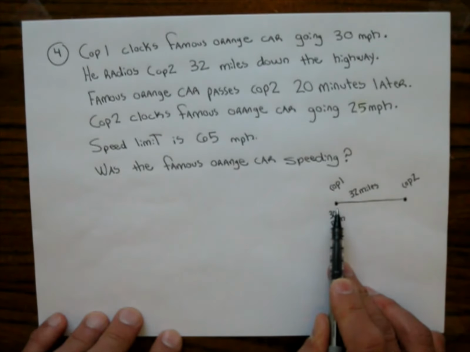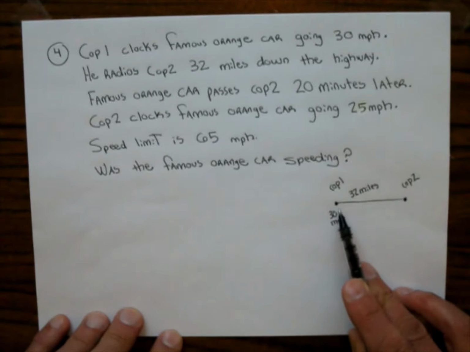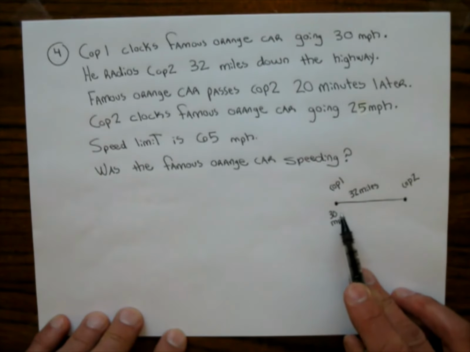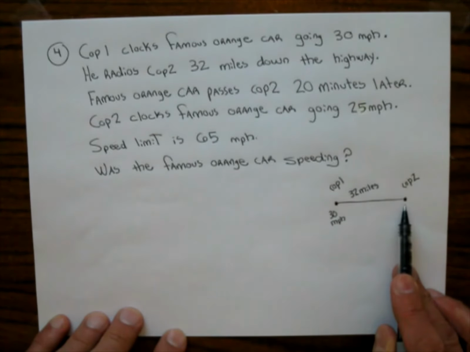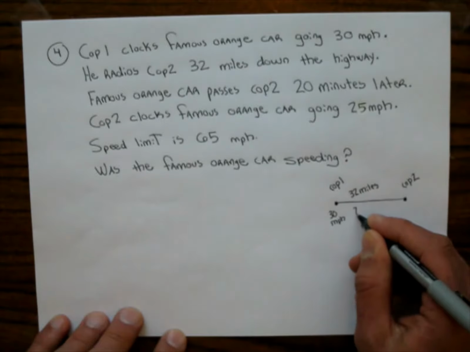Or, if you don't get the reference, then you're missing out on life. Okay, so 32 miles down the road, Roscoe is contacting Enos Strait. Man, where do they get those names? And he's saying the orange car is coming your way. Famous orange car passes Cop 2 20 minutes later.